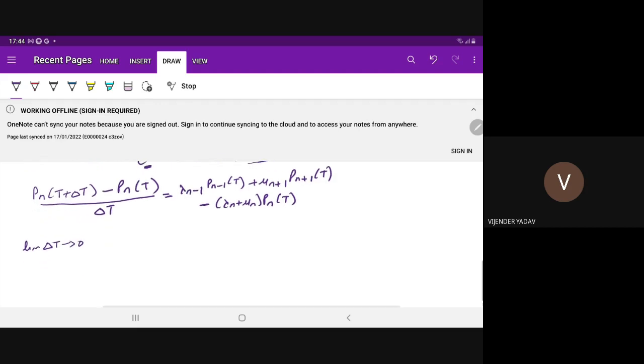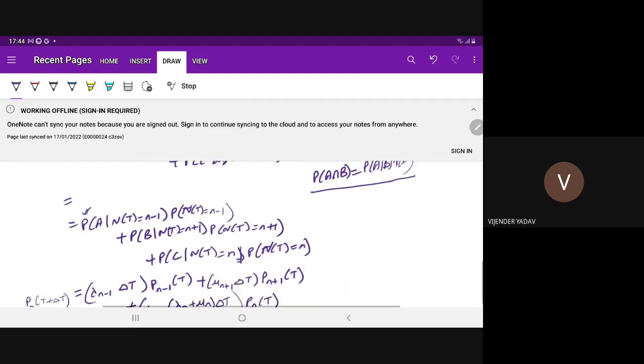If you take the limit delta t tends to 0, due to the higher order terms we have higher order also. As you take delta t tends to 0, this higher order of delta t will become 0, right?